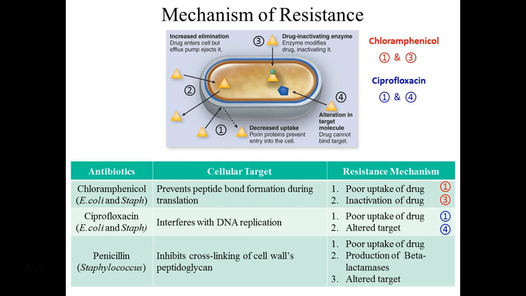In this case, the enzymes that do the DNA replication are no longer affected by this antibiotic. For penicillin, poor uptake is definitely the case with gram-negatives for straight-up penicillin. Production of beta-lactamases, as I said, those enzymes that actually break and destroy penicillin. And alteration of the target, where the enzymes that penicillin actually binds to have changed.